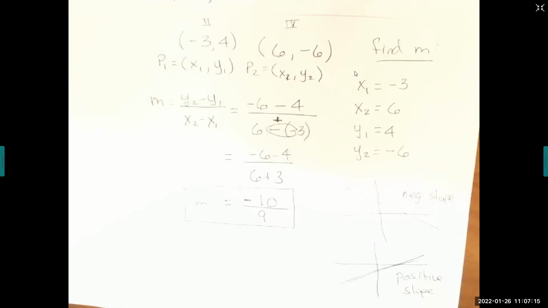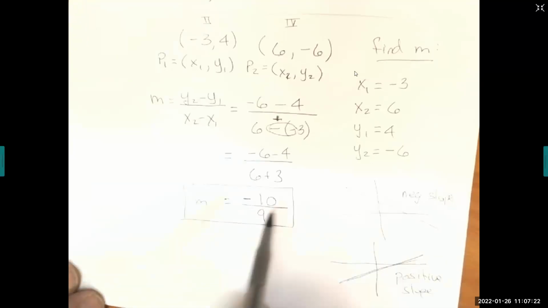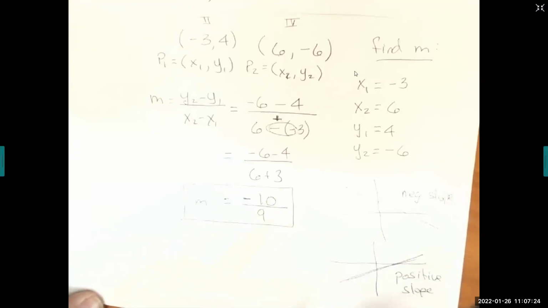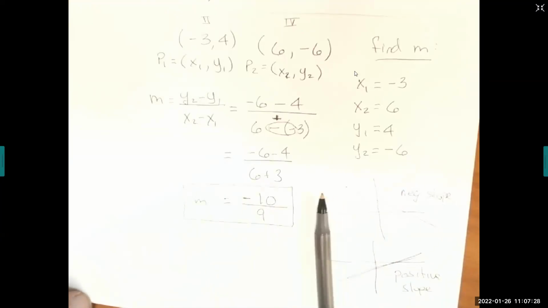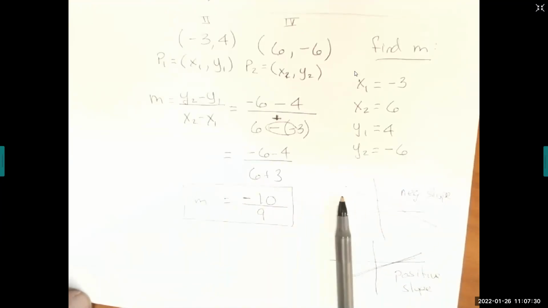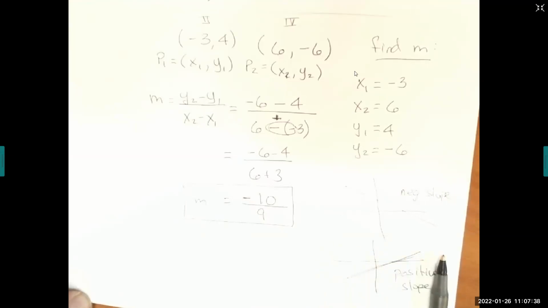I'm sorry. All right, so what this thing says is as we go left to right, remember mathematics is always reading left to right. As we go left to right, since it's negative, the slope has to go down. That's what that means. On the bottom, if it's positive, as we go left to right, the line goes higher.